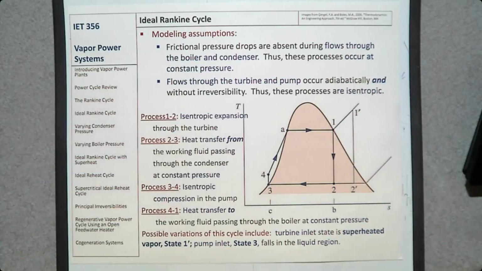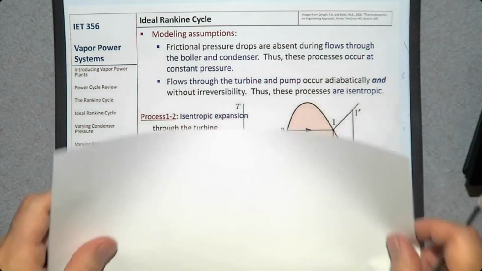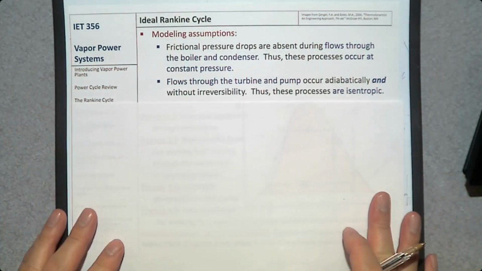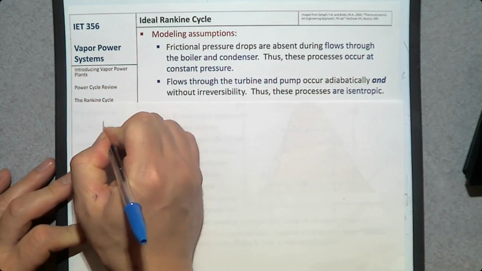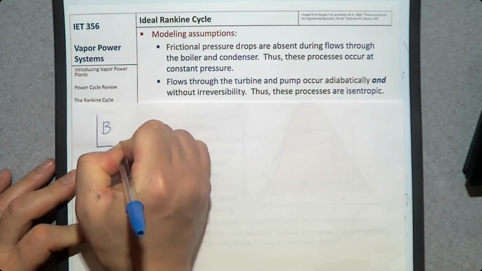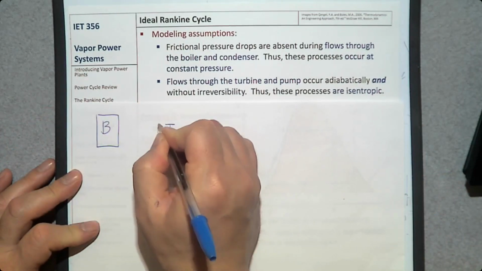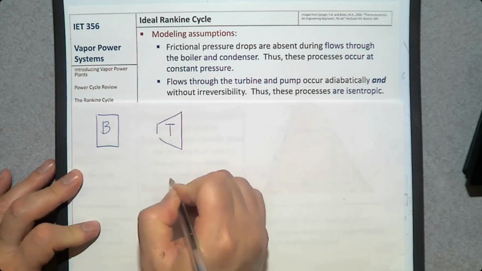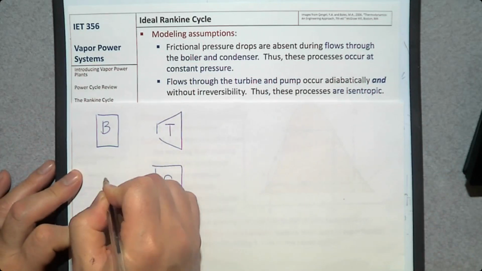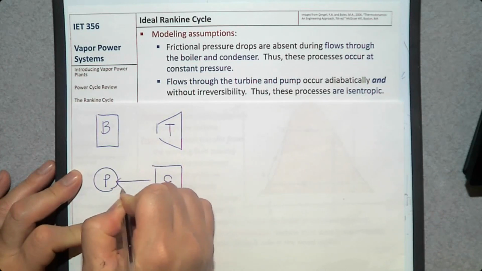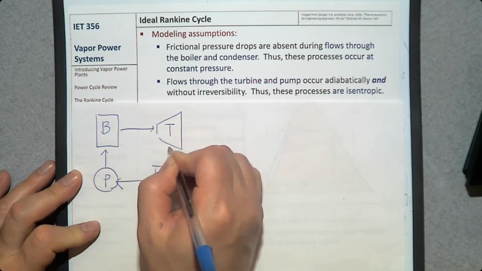So there are 4 devices. They are boiler and turbine and condenser and pump. There are 4 states.